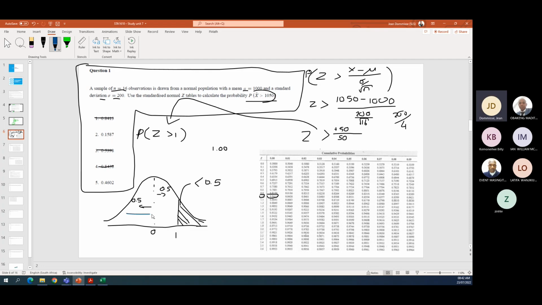So that 0.8413 is this blue area. So we need to get the black area. So it's 1 minus 0.8413, and that gives us 0.1587, which is option 2.